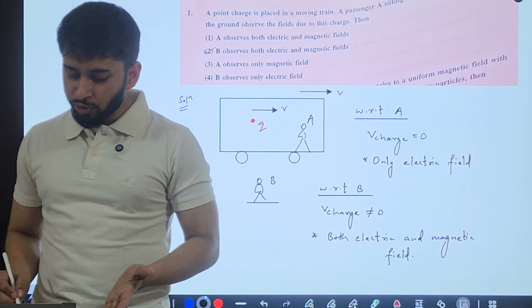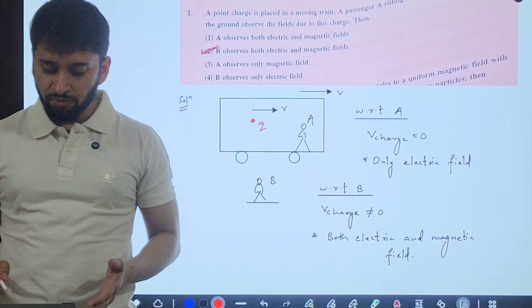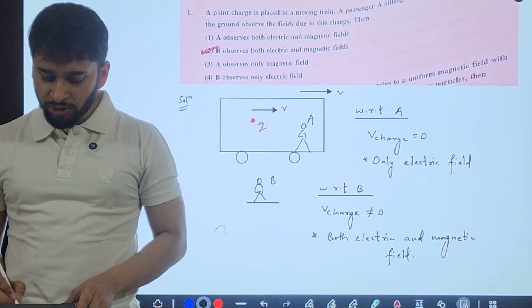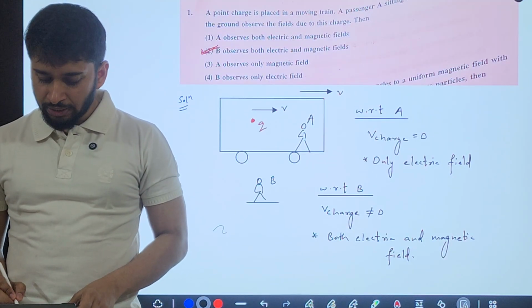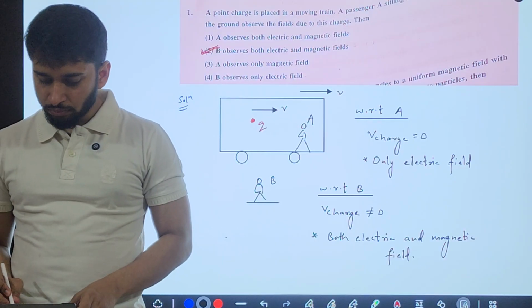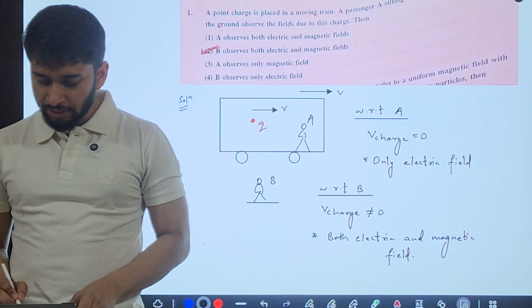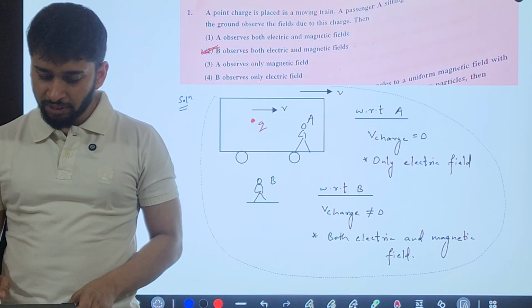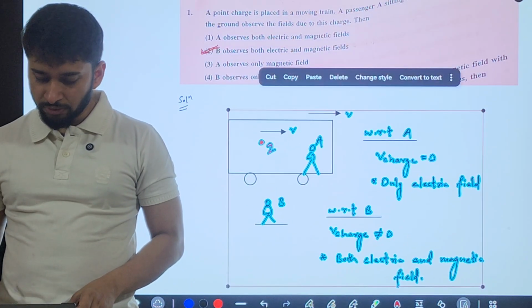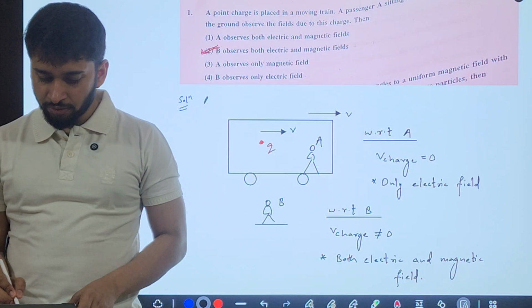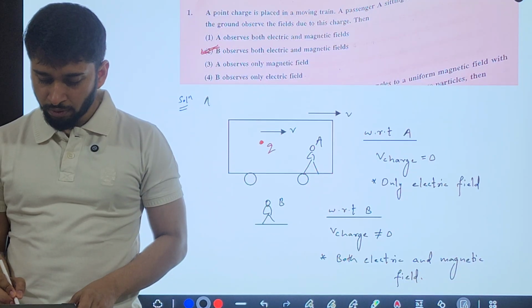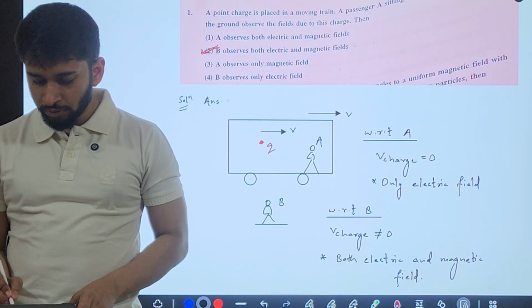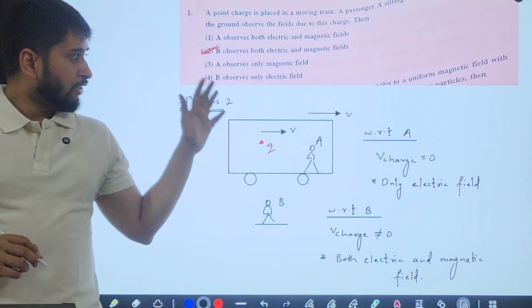So here the answer will be the second option, which is option B. So option B, or option 2, is the correct answer here. Let me write the answer here in the beginning itself. The correct answer is option 2, fine. I hope this is clear.